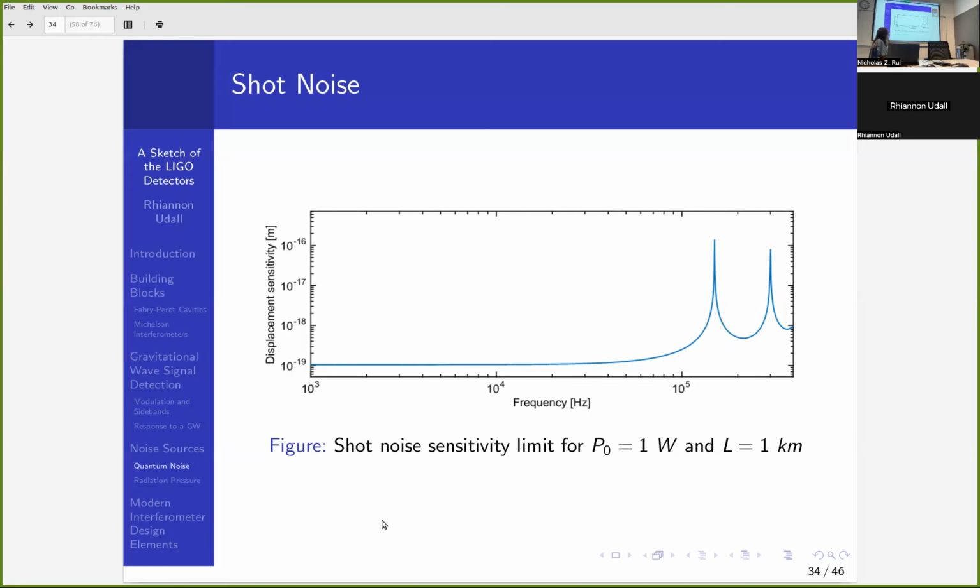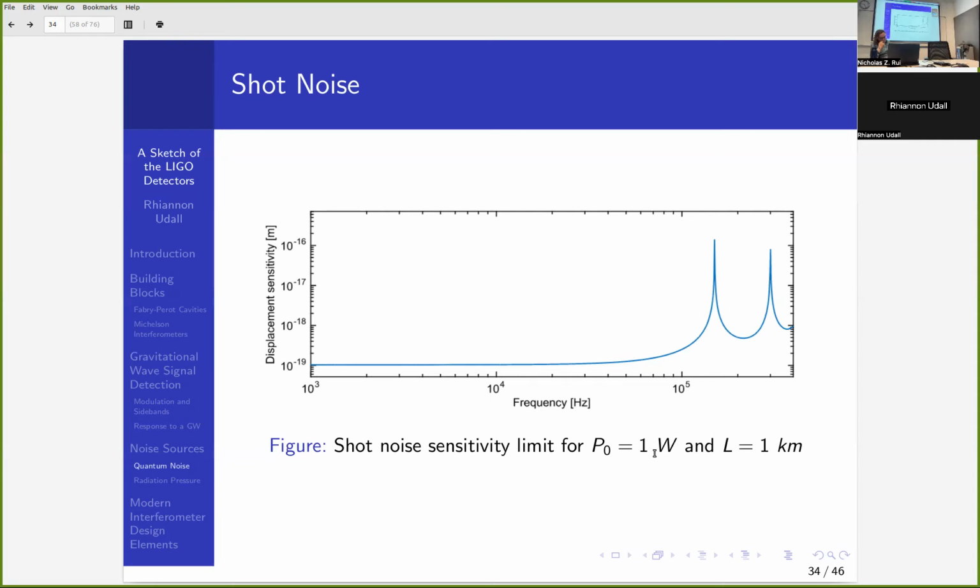The other relevant bit is this is at 10 to the minus 19, generated for a 1 watt laser. So you take the circulating power, call it 400 kilowatts in L4 roughly, 1 over the root of 400,000, about 2,000.